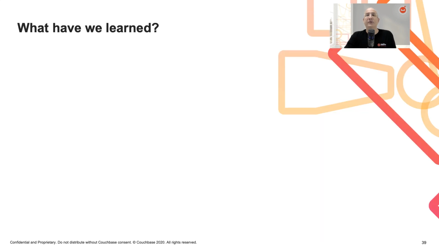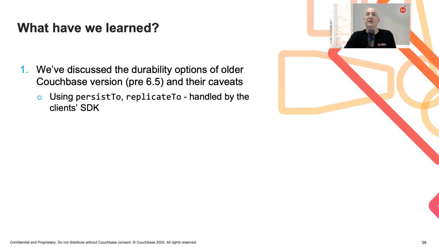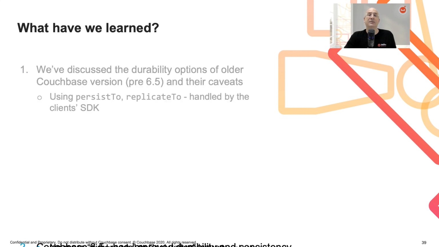With that, we came to the end of this session. So what have we learned? We discussed the durability options of older Couchbase versions, pre-6.5. The durability was set using the parameters persist-to and replicate-to. The client SDKs implemented an observe mechanism to check whether the changes were replicated to another node and/or persisted to disk.